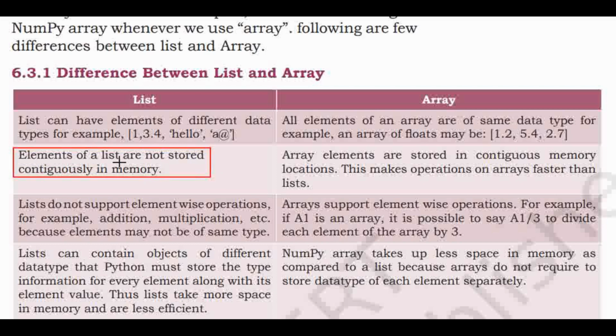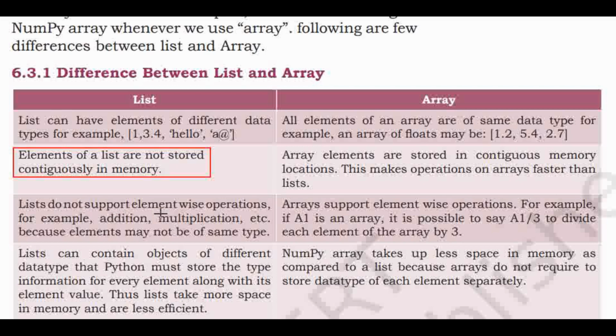Elements of a list are not stored contiguously in memory. Array elements are stored in contiguous memory location. This makes operation on arrays faster than lists.